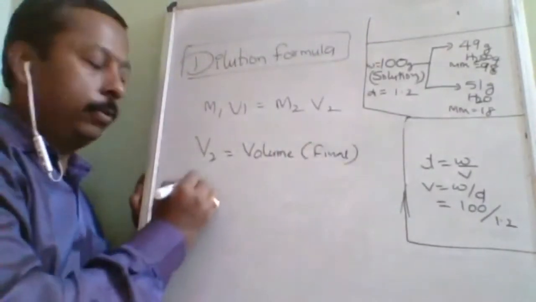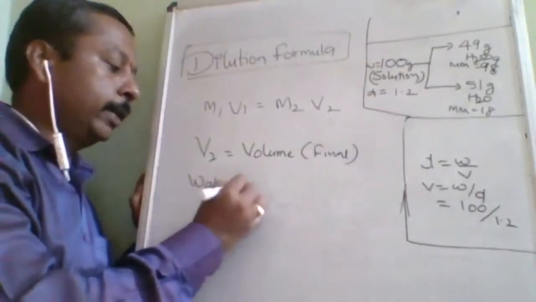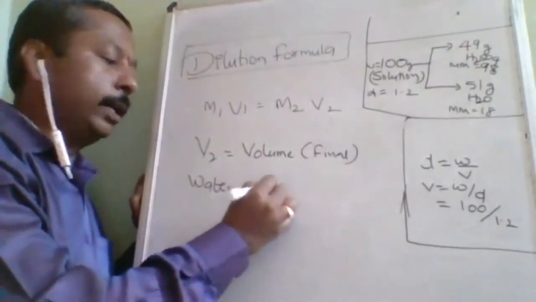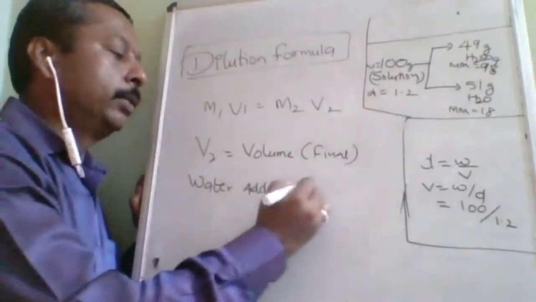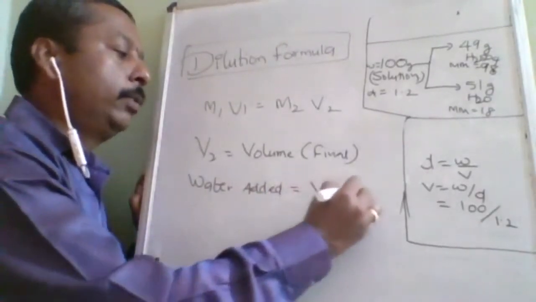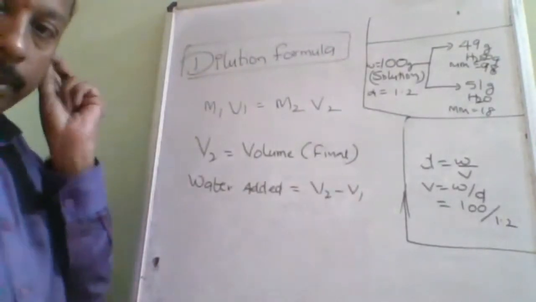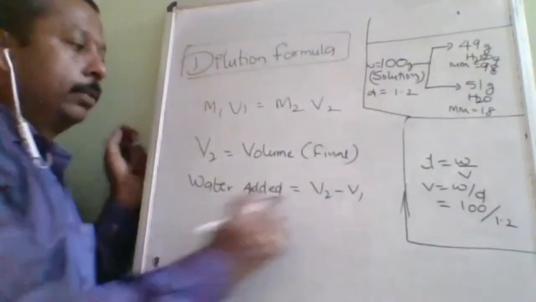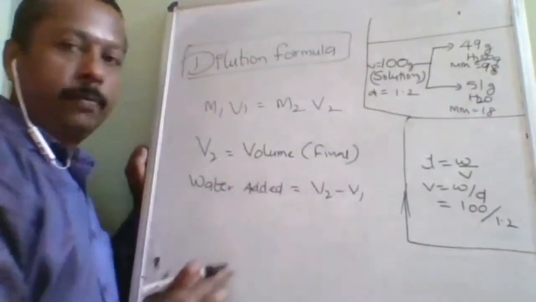Then what will you do? If the question is how much water or solvent is added, it will be V2 minus V1. If they are asking for the final volume, then only V2.